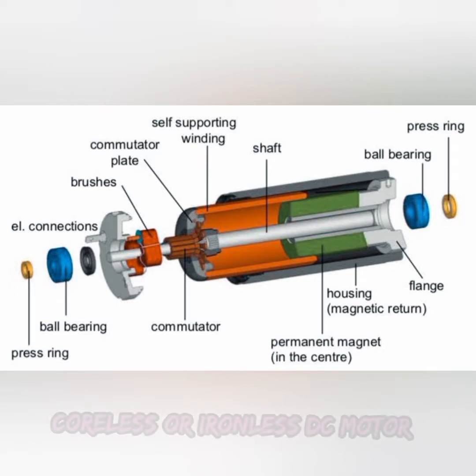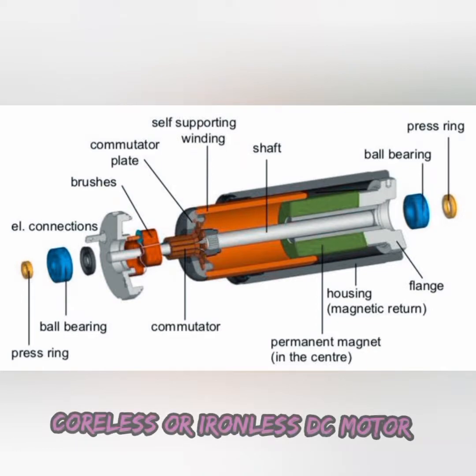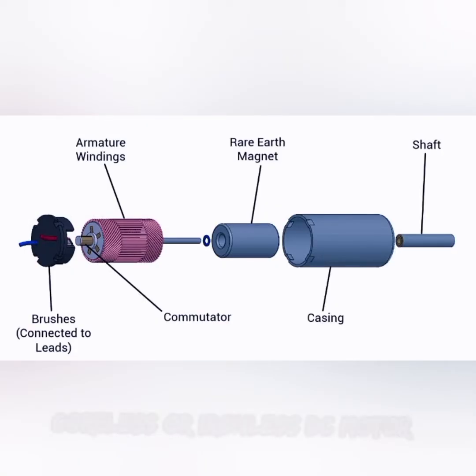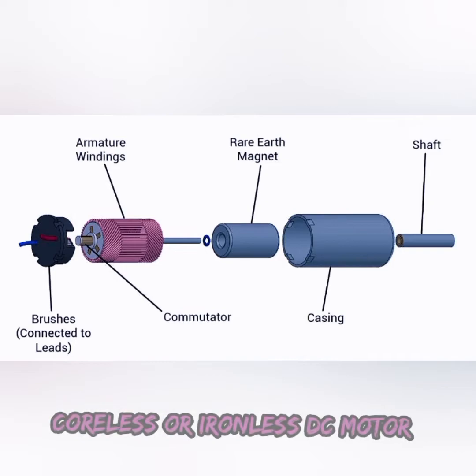Then the supporting bearings and other small accessories are also used, like in common DC motors. So this is the overall structure of your coreless or ironless DC motor.